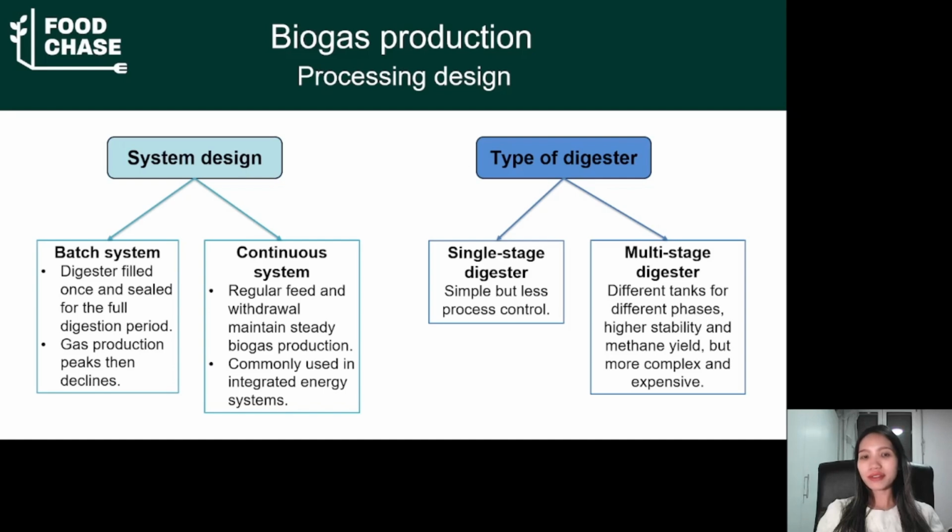In the continuous system, there's regular and continuous input and output that keeps the steady biogas production. It is commonly used in integrated energy systems. Then we have two types of digester. In single stage digester, all the phases happen in the same reactor.